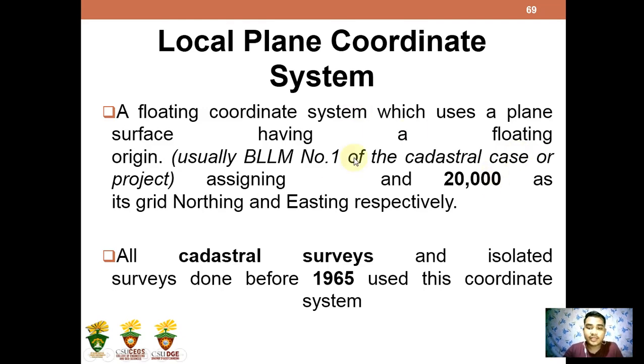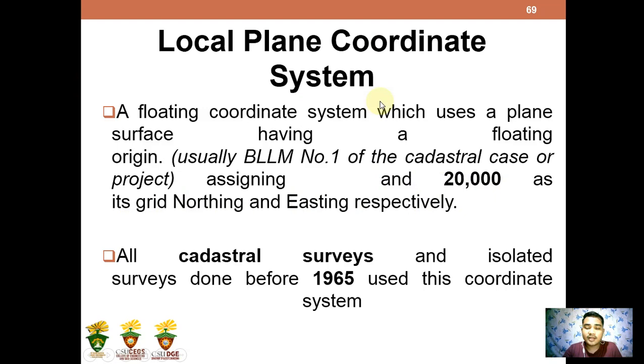It is a reference frame, but it is not tied up to anything. For example, when I survey an area and establish a point, I assign it a coordinate of 20,000 northing and 20,000 easting respectively.